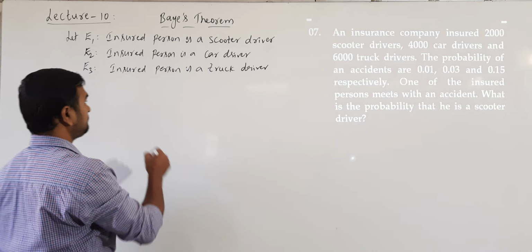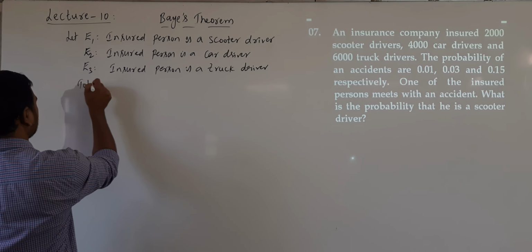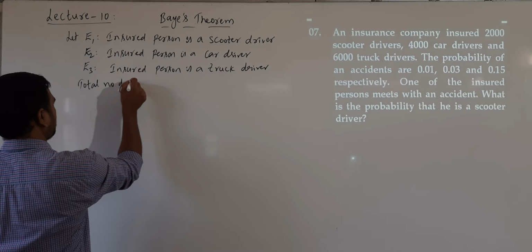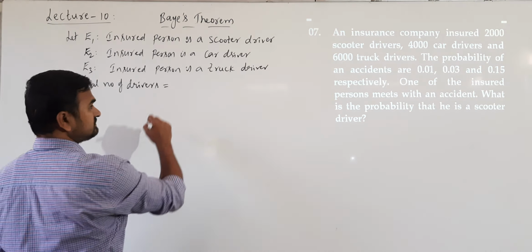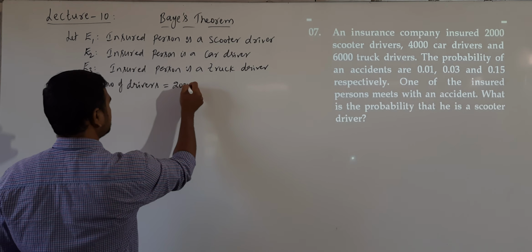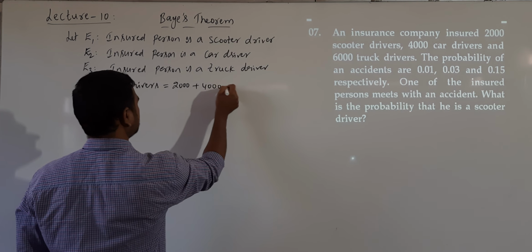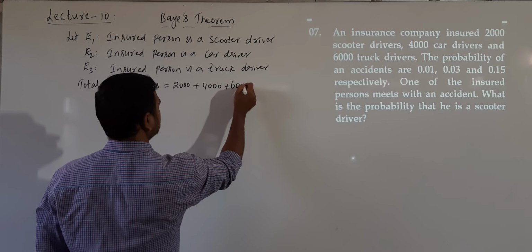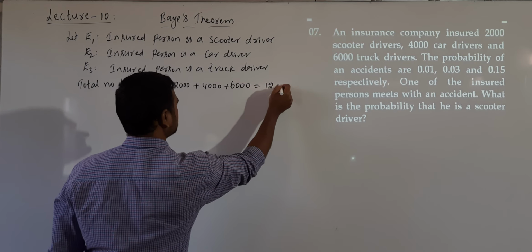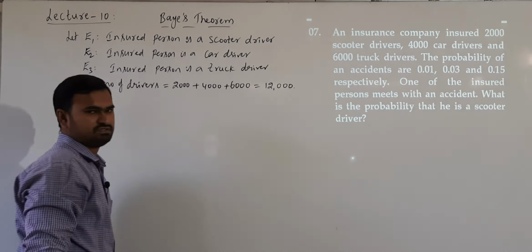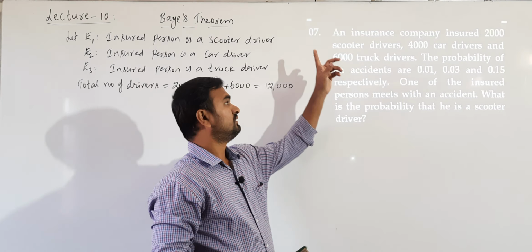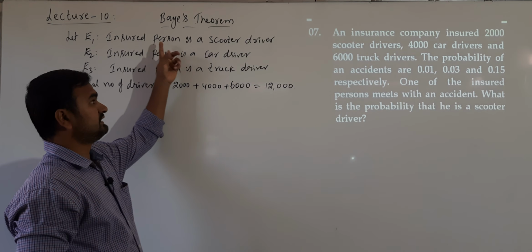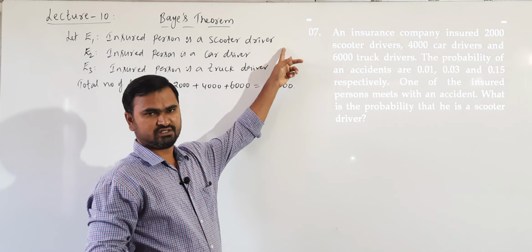So what is the total number of drivers here? Total number of drivers equals 2000 plus 4000 plus 6000, which is 12,000. In that, what is the probability that the selected driver is a scooter driver?